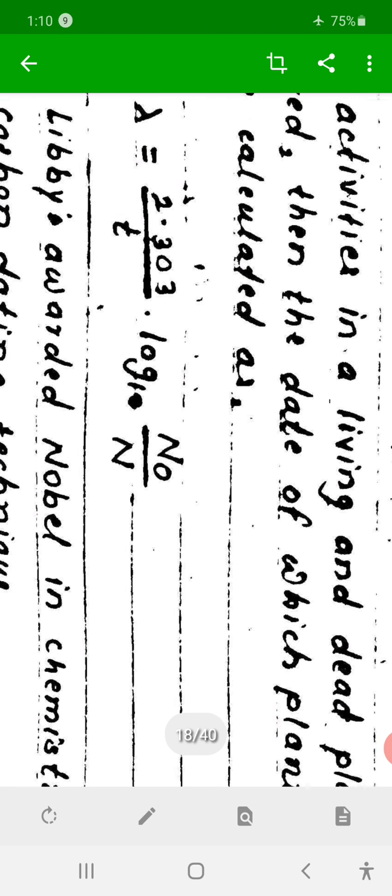N0 is the original amount or original activity of the living plant, and N is the activity of that wooden piece.